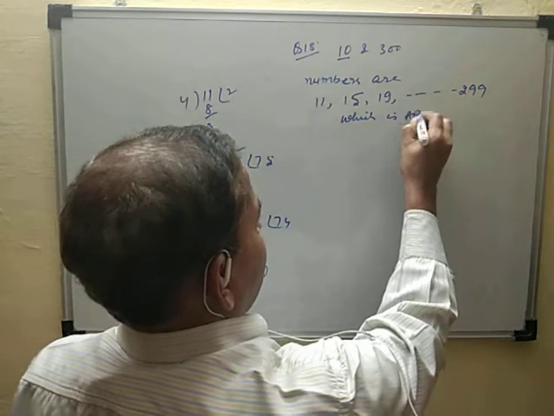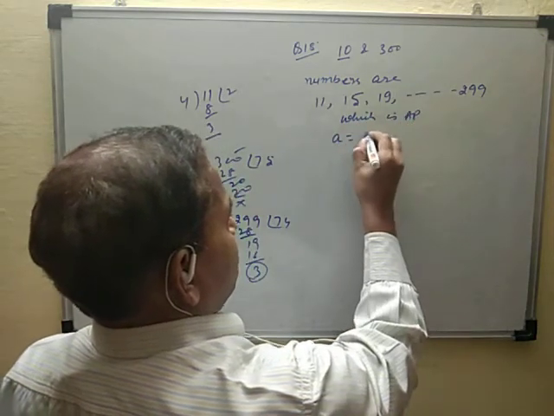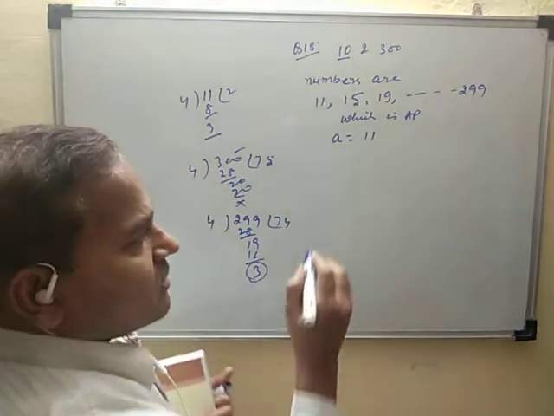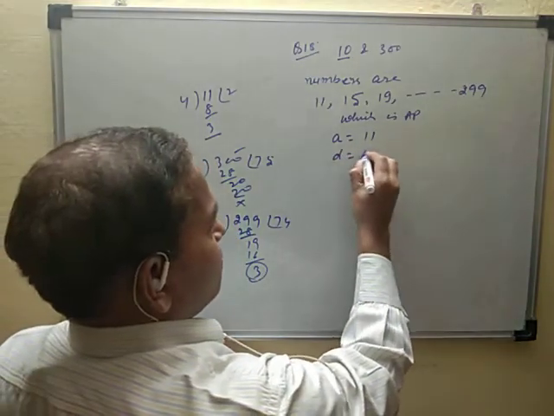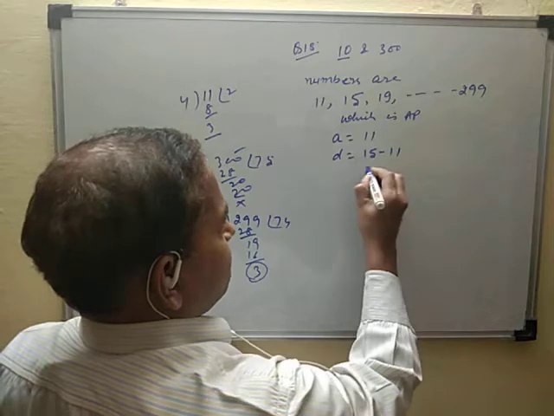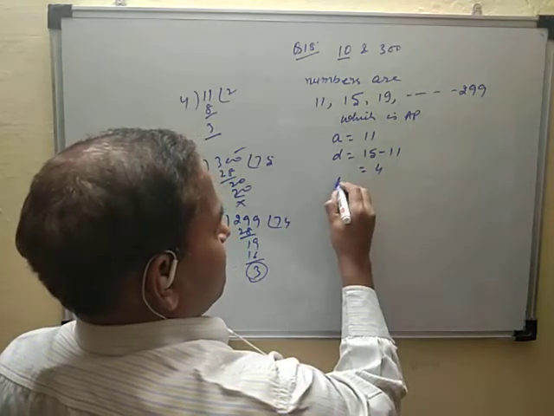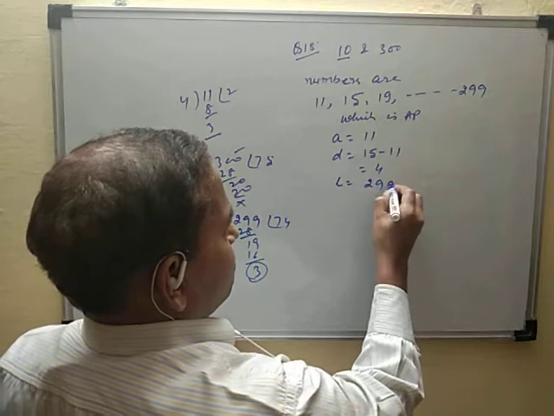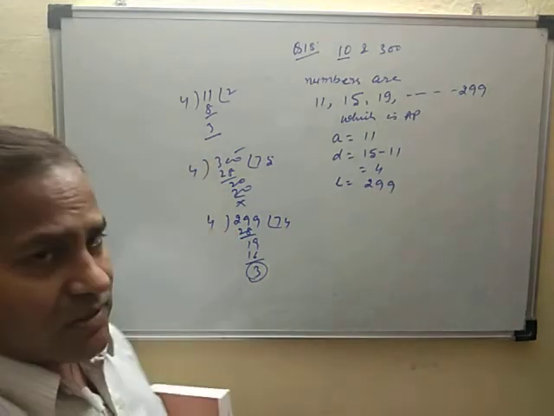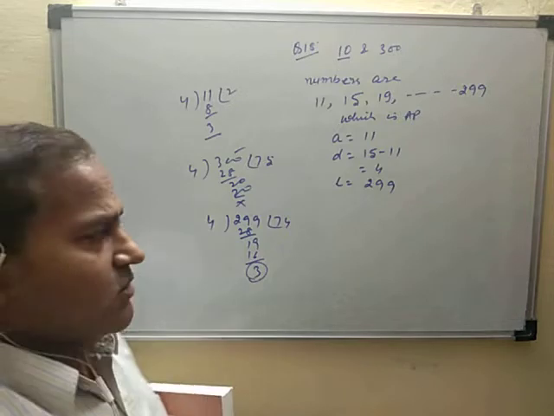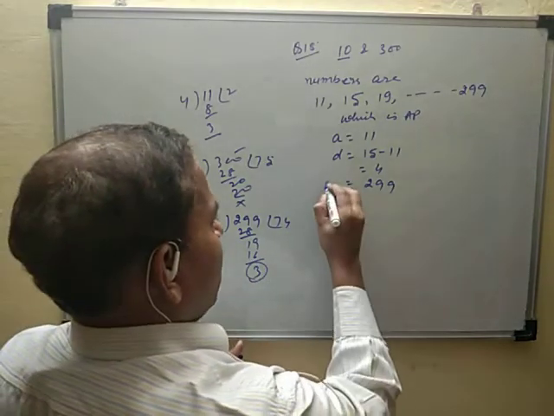Which is an AP, and here A is equal to what? 11, and D is equal to second term minus first term, that is 4. And what is the last term? L is equal to 299. Last term 299, or last term means nth term.